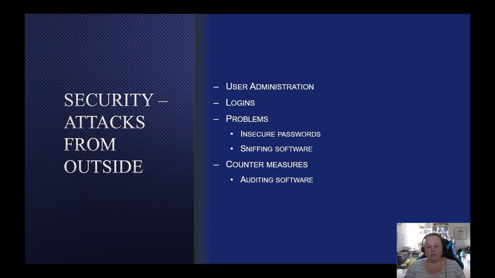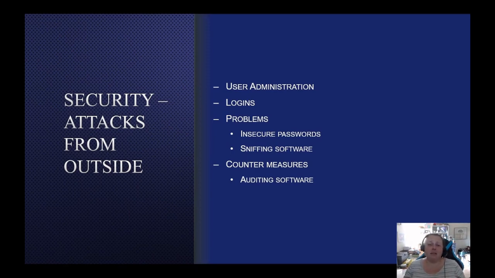Some problems with attacks from the outside are if your user has an insecure password or if sniffing software is installed on your machine. Sniffing software is going to record activities and send that to some outside source to be used in order to gain access they wouldn't otherwise have.